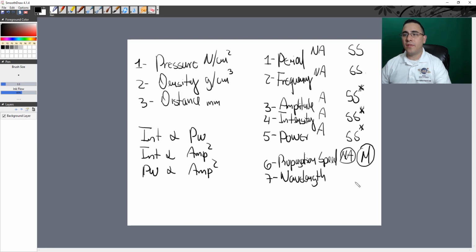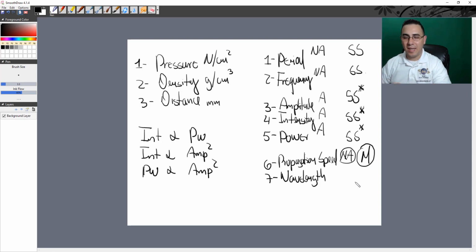If there is more stiffness, the sound travels faster, so there will be more propagation speed. If there's less density, there will be more propagation speed. So you have the highest propagation speed when there's more stiffness and less density.